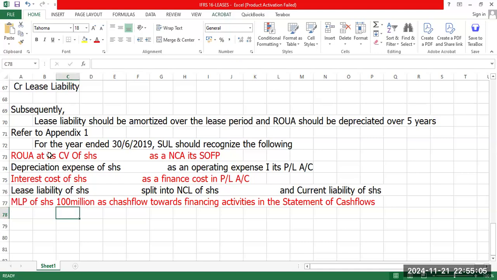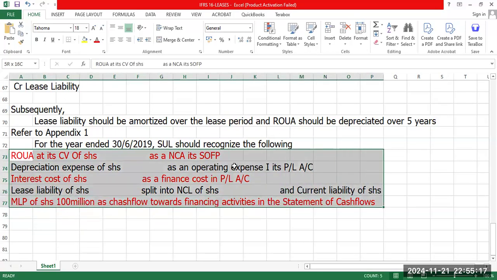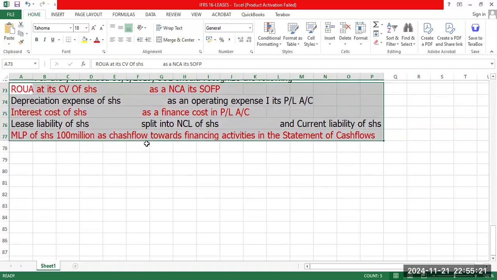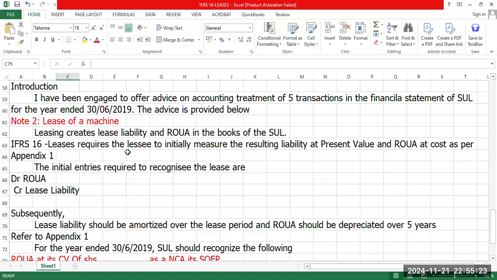So these are the only items, as long as you're handling a question about lease and you are to report. Okay. So for us, our role now is to compute and fill in the gaps.